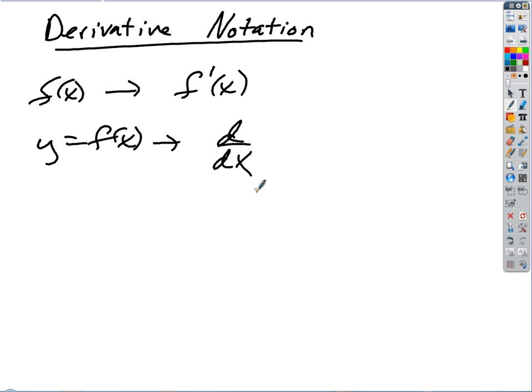And all that really means, for now at least, we'll get into this in more detail in the coming weeks, is just derivative, and oftentimes we call this the variable of differentiation. It's just the independent variable. Later on, in future years in calculus, you're going to do derivatives with respect to other variables too.